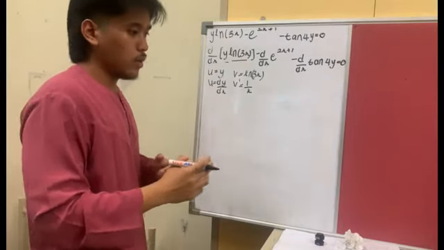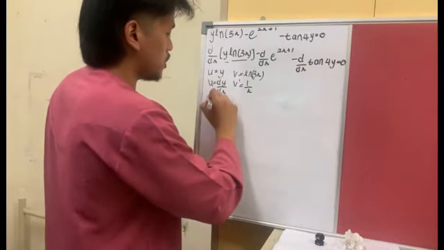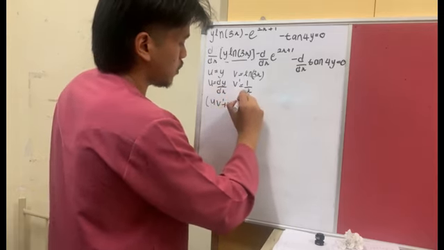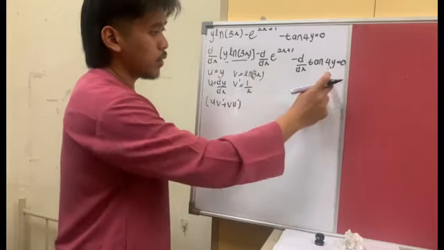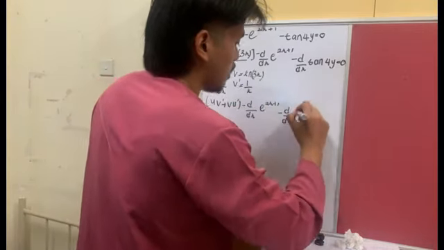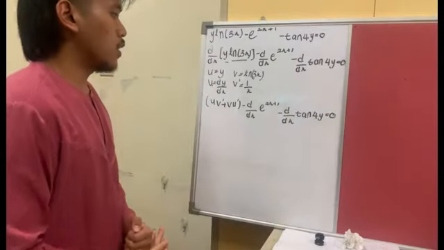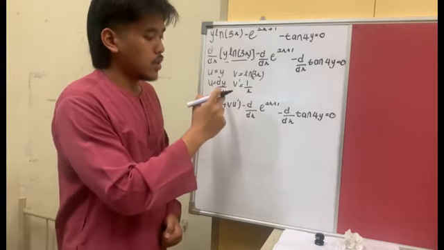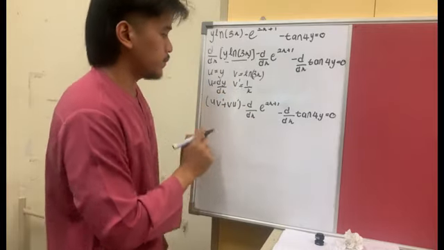Then we need to bring up the formula, which is u v prime plus v u prime. And then we're just going to copy all of them, and put all of these values into the formula.